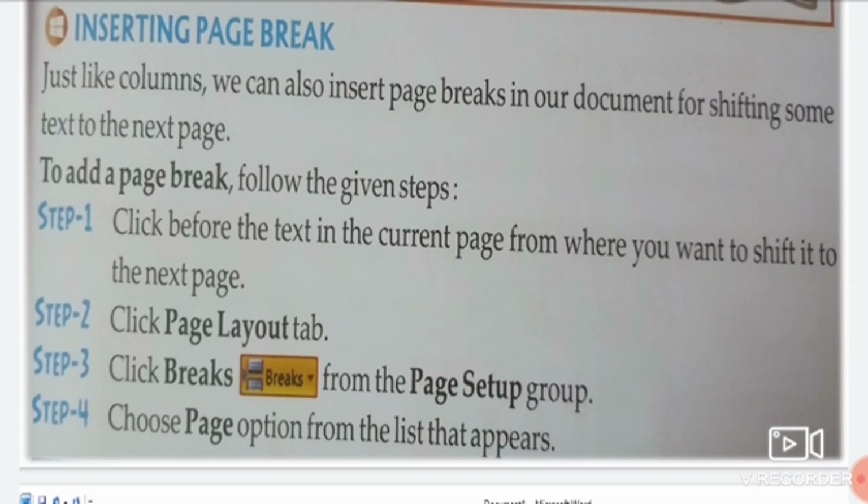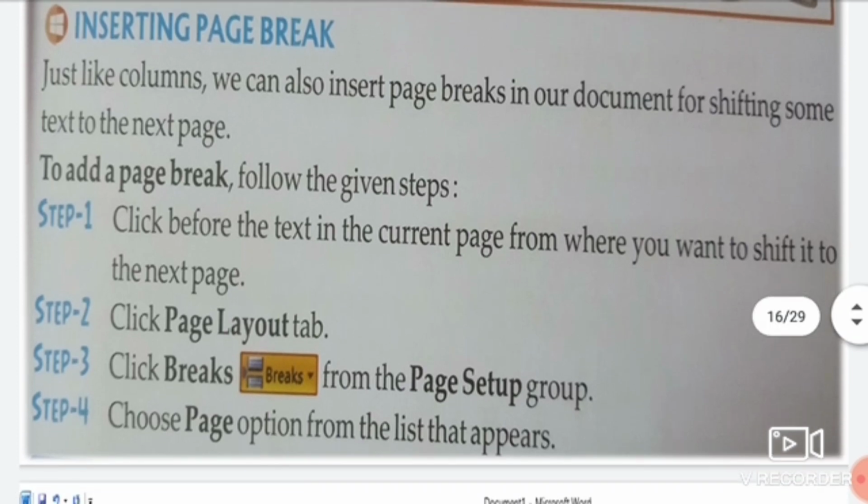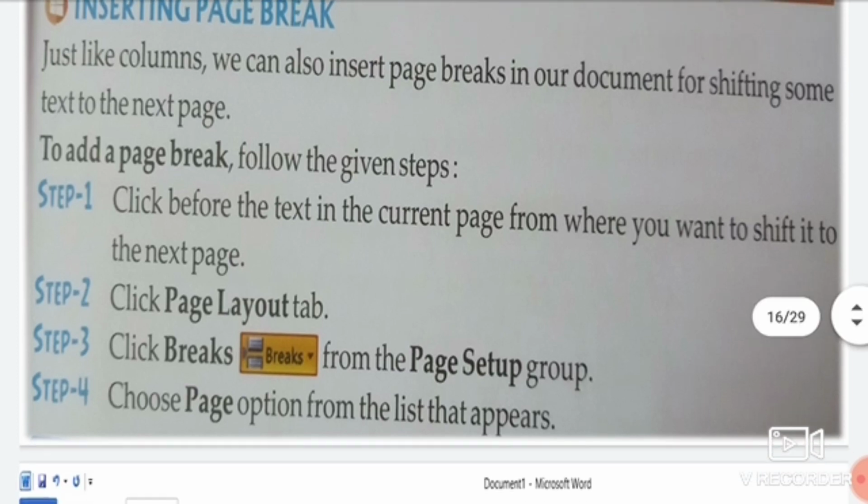Inserting page break. Just like columns, we also insert page breaks in our document for shifting some text to the next page. As you have written two paragraphs on one page, and one paragraph you want to shift to the next page, after the first paragraph you place the cursor, and after it, just go to the Page Layout tab in the Page Setup group, click on Break, and now you can choose the page break.